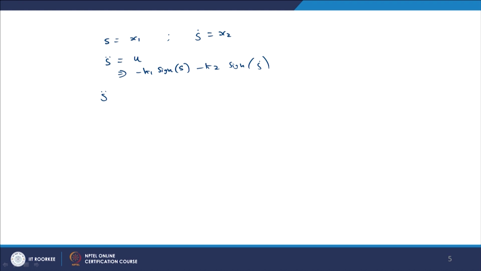So, s double dot is in general given by ds dot by dt, which is equal to ds dot by ds into s dot, which is equal to minus k1 signum of s minus k2 signum of s dot.